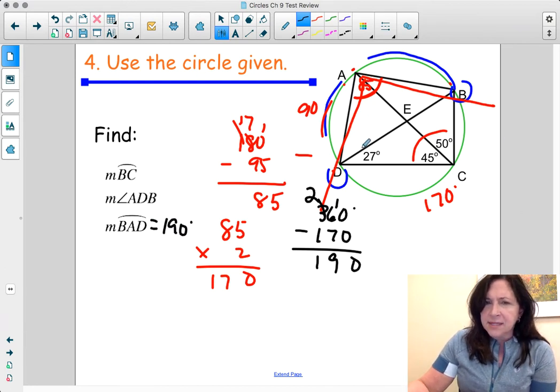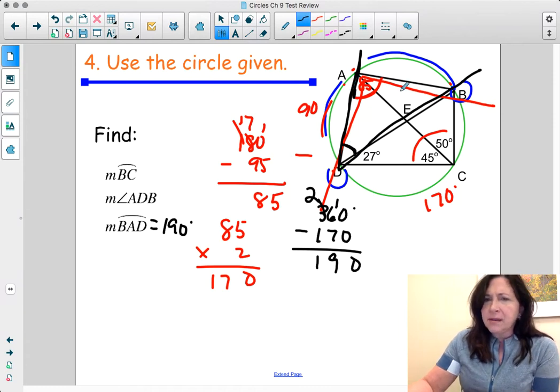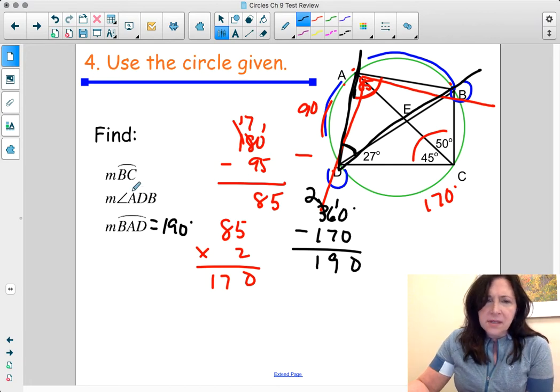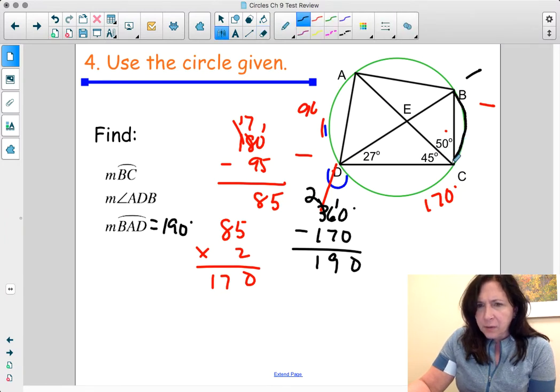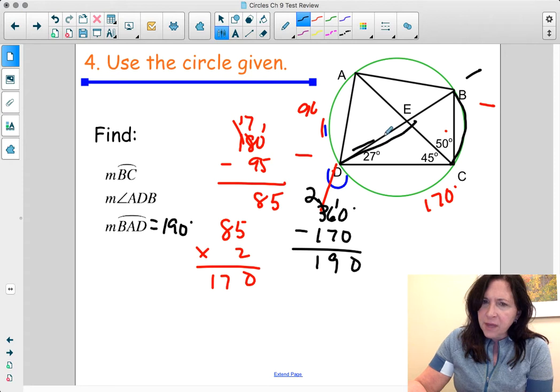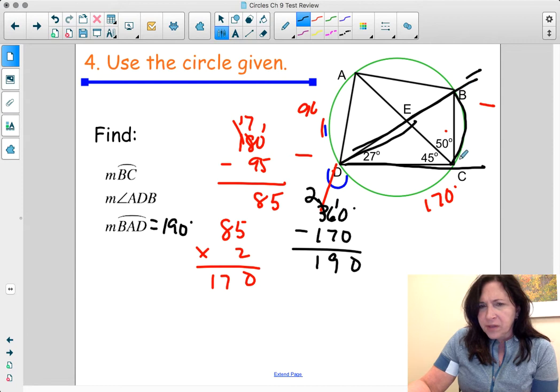ADB is our next arc. I want this one right here. But in addition to that, let's see what else we know. Let's see, BC, where's BC? This arc here. We can find that one right now, because BC being this arc right here, if that's 27, then this is double.